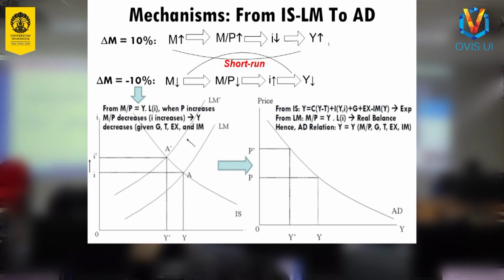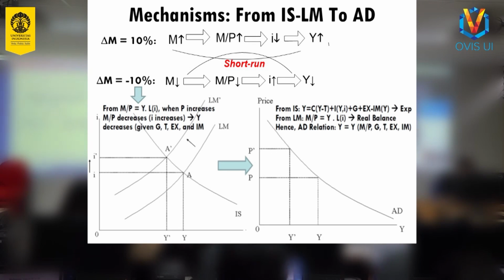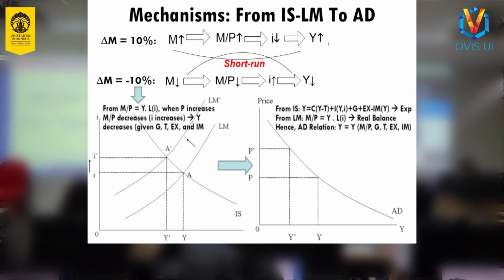What I have not explained to you is the relation between interest rate and the exchange rate. That is our next topic. So you know the relation between interest rate and output. This is from IS-LM. You know the relationship between interest rate and output that leads through prices, and that is the AD.